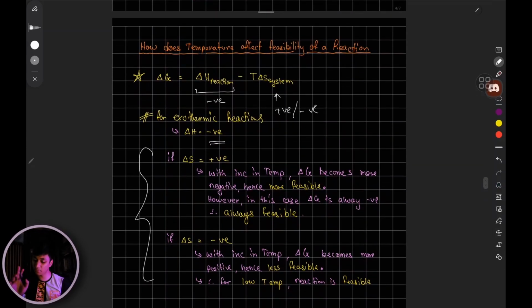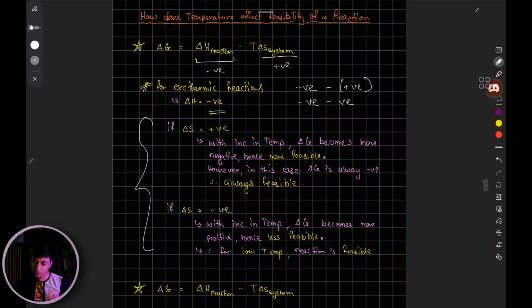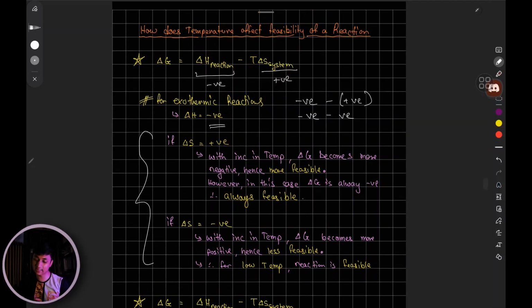If del S is positive, what happens? If your del S is positive, that means negative minus a positive value, which will result in negative minus negative. So whatever your temperature is, your ultimate value will always be negative.